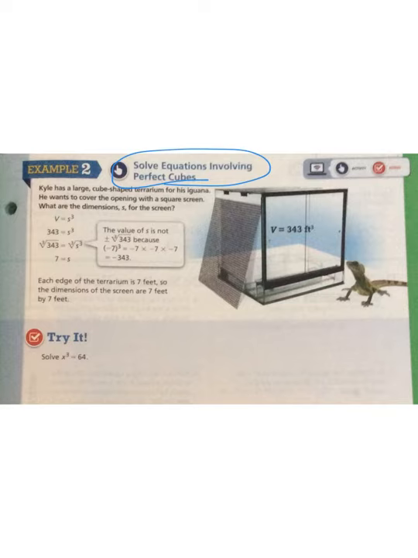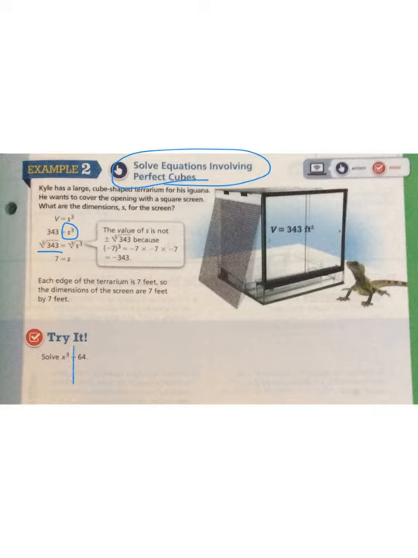The inverse of cubing a number would be taking the cube root. Remember, whatever we do to one side, we do to the other. Now what you notice here is this one does not have a plus minus sign after the answer. Again, I will explain the why in class. So let's look at the try it.